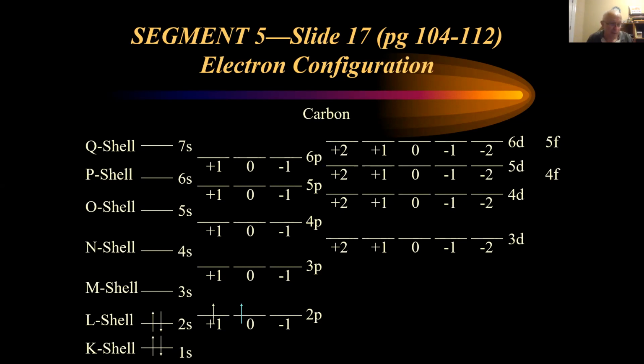And what would probably happen if you put a real strong magnet up, this one would go way, way down, and this one would go in the middle. The 0 would stay where it is, and the +1 would go up here. And if you get that magnetic field high enough, that electron here would drop down and pair up with this one. It would go down here in a real strong magnet. But in the absence of a magnetic field, all three of these levels are the same. So it's a better arrangement to put one in each of the two orbitals before we pair them up.